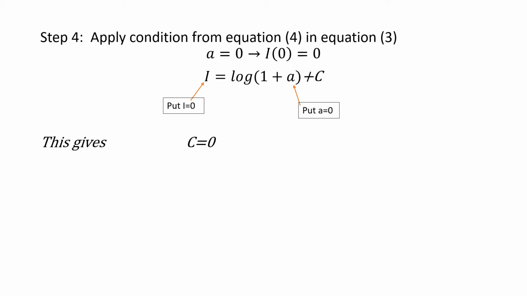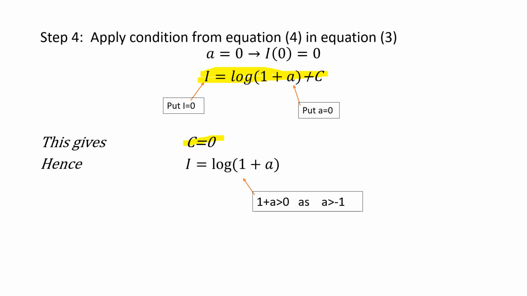So we got c equal to 0. Now put back c equal to 0 in the solution, equation number 3, and we get I equal to log of 1 plus a. That is our solution, the evaluation of the integral. So the value of the integral we got is log of 1 plus a.